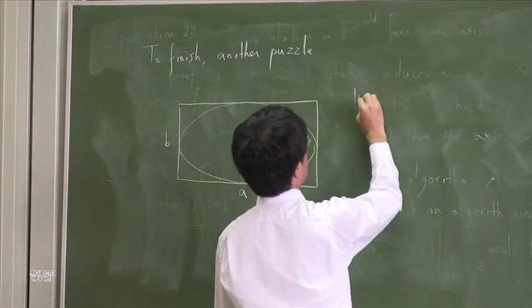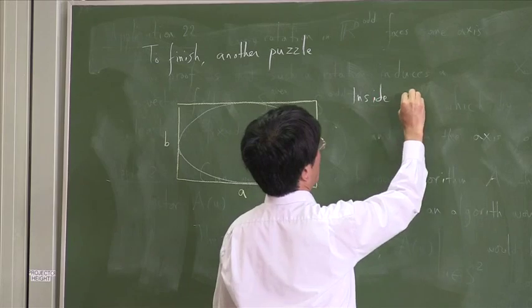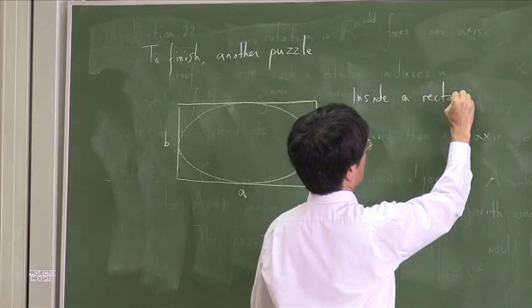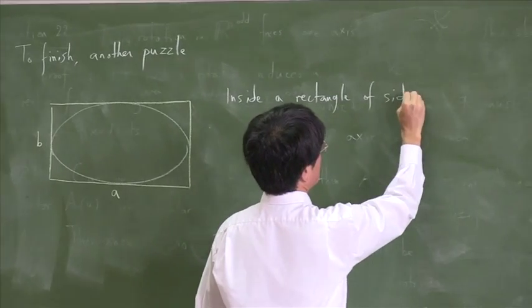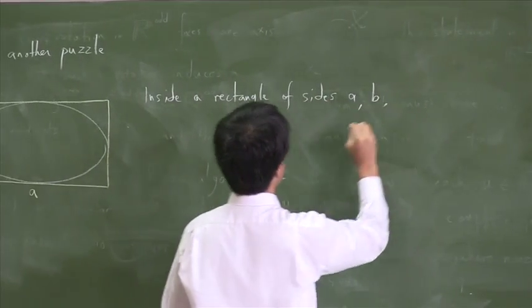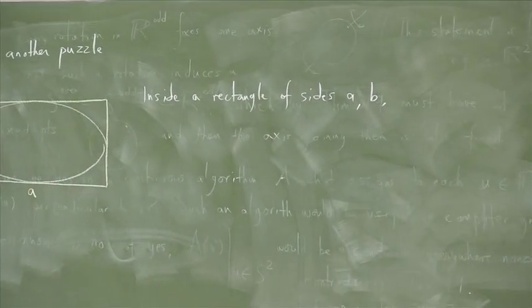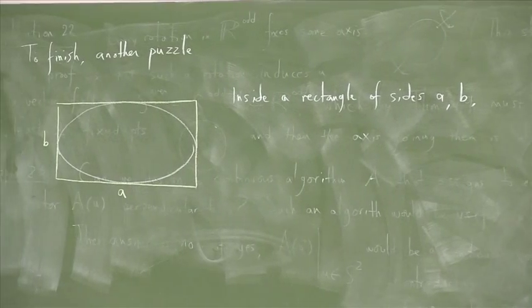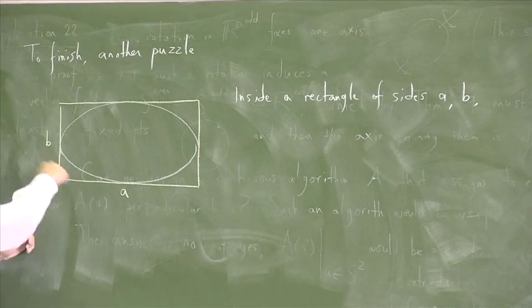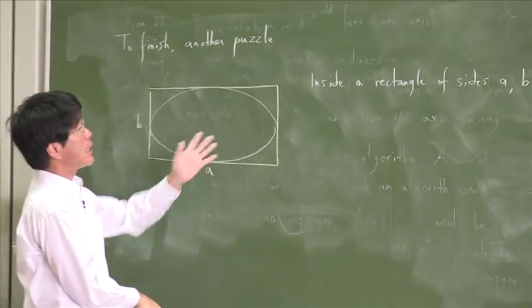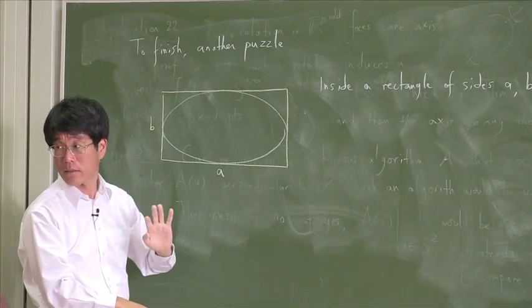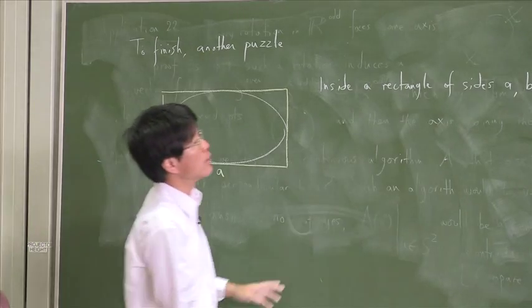So inside a rectangle of sides A, B, inscribe an ellipse. You know what that means? I draw an ellipse which touches the rectangle on all sides. There exists a unique ellipse like this. You can always do this, and there's only one.